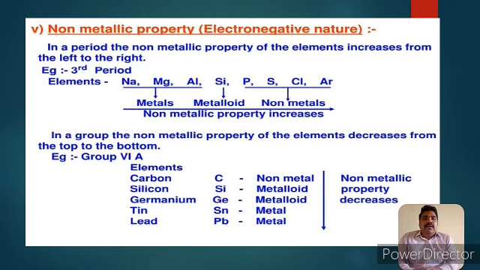And in a group, the non-metallic property of the element decreases from top to bottom. So in the previous example we studied group 4A, that is carbon, silicon, germanium, tin and lead. The non-metallic character decreases from top to bottom.